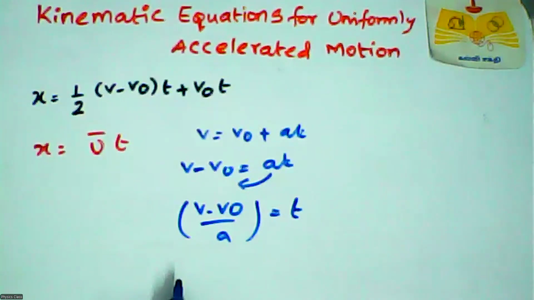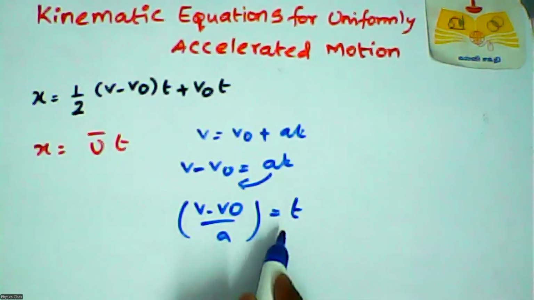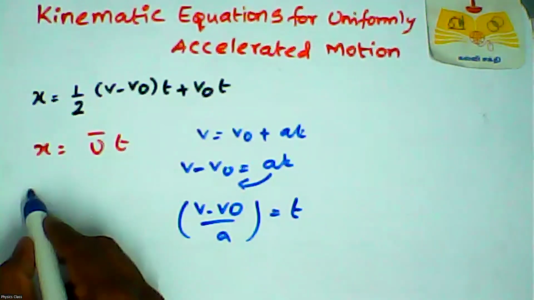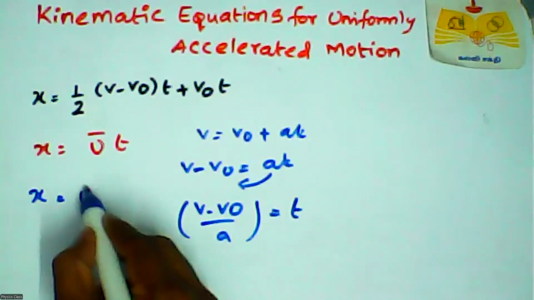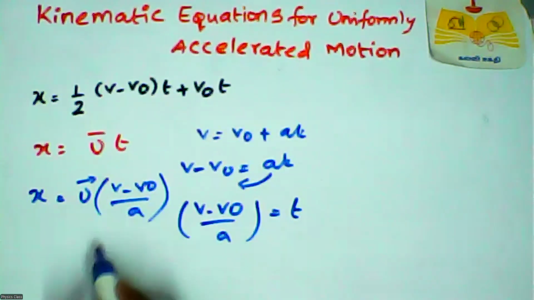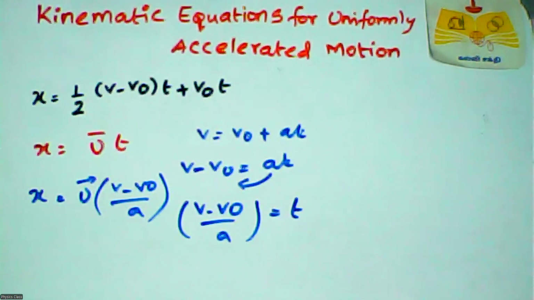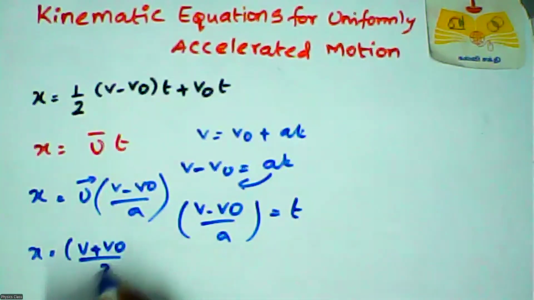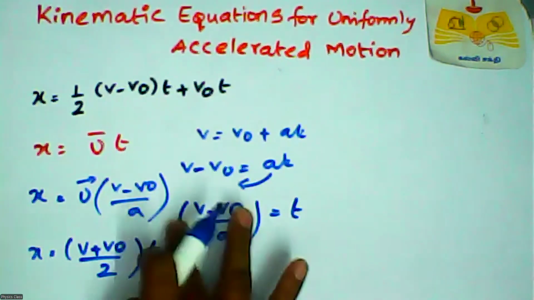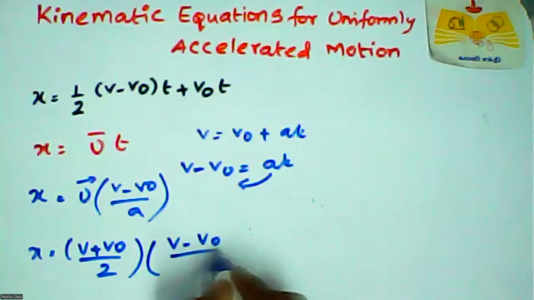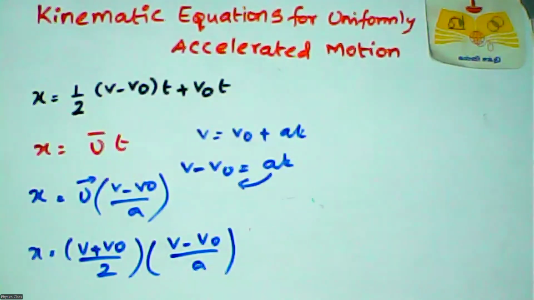Okay, so substitute this time and the average velocity in the equation, so like this: v bar into t, (v minus v naught) by a. Already you know that average velocity v bar means (v plus v naught) by 2. And now we can put that value of time like this.